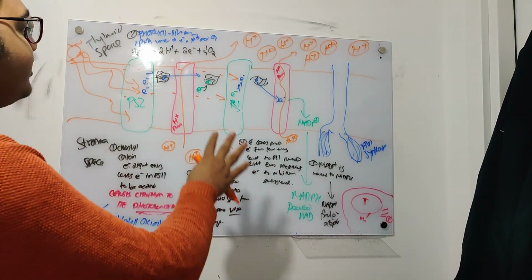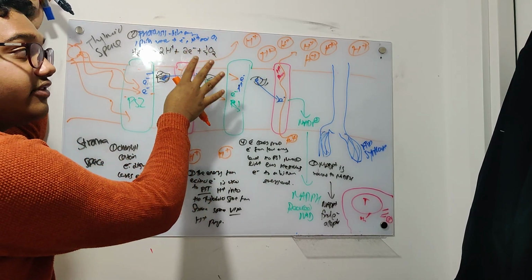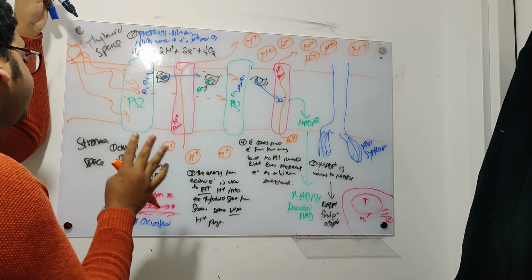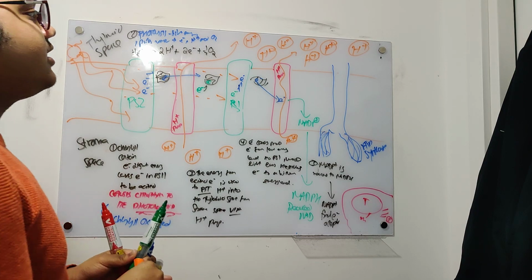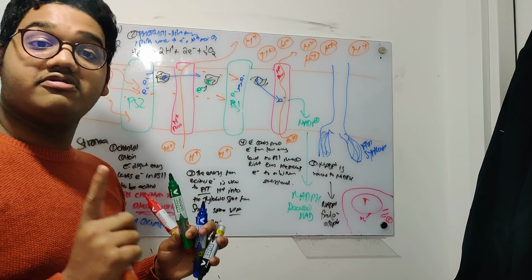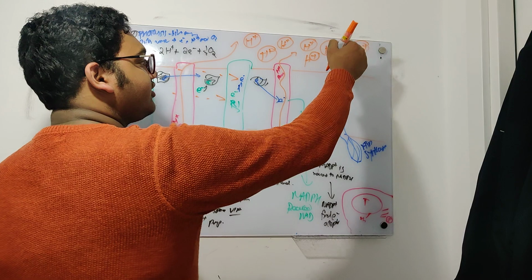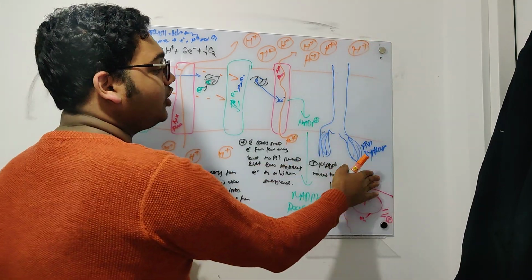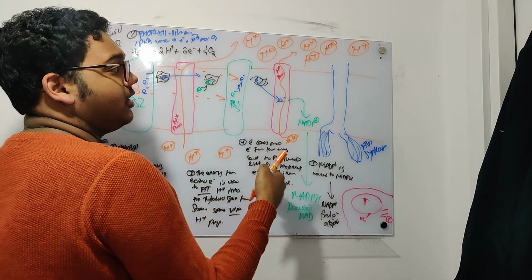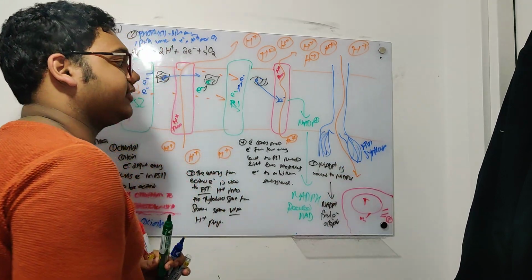What you can see here is that because of these hydrogen pumps, we now have a really high concentration of H plus in the thylakoid space, but a low concentration of H plus in the stroma space. And these hydrogen ions can only move through one channel protein, and that's called ATP synthase. So it's going to be moving from a high concentration to a low concentration. It can't move down the protein system, it can't move down the hydrogen pump. It has to move down via ATP synthase.